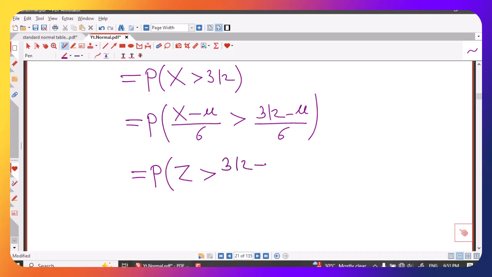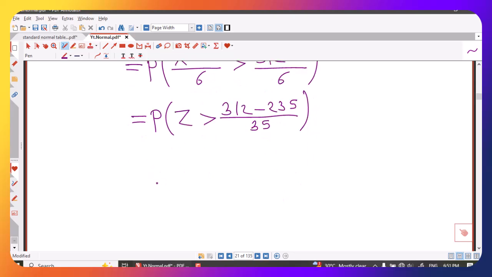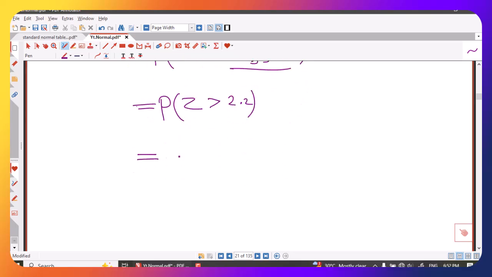Here 312 minus mean equal to 235, and this is 35, and if I calculate this quantity, that turns out to be 2.2. So I am interested in the probability that z is to the right side of this value 2.2.